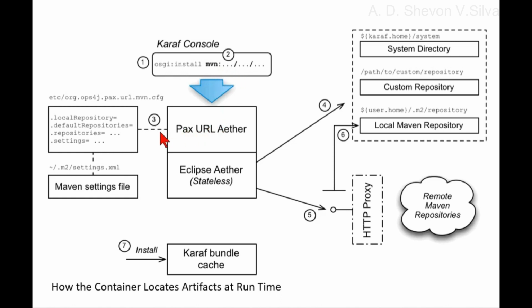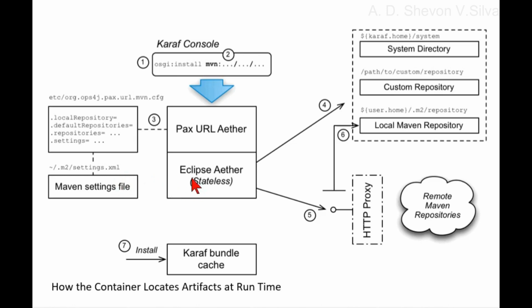Step 3: the Pax URL Ether component reads its configuration from the install dir /etc/org.ops4j.pax.url.mvn.cfg file, and possibly also from a Maven settings.xml file if so configured. The Pax URL Ether layer passes the requested Maven URL and combines this information with the specified configuration in order to invoke the Eclipse Ether library.